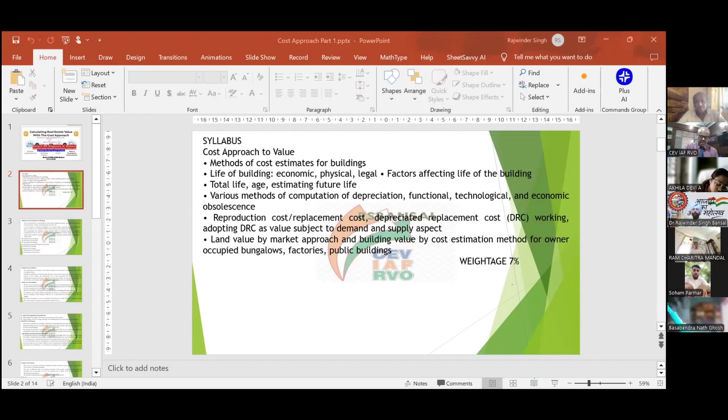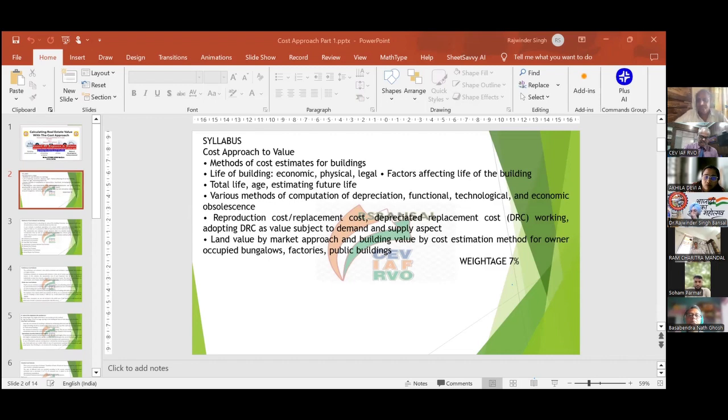After adding the depreciated replacement cost of the building and land cost of the asset, which will give you mathematical value, then we will discuss the supply and demand aspect of the property and other factors which may affect the value of the property. That will give you the final reconciled value of the property.